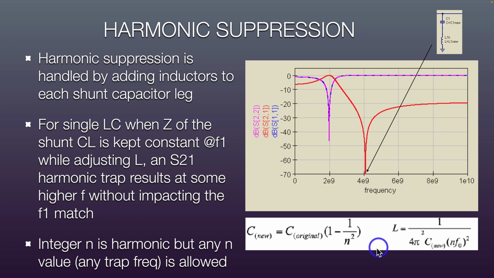You can adjust the N value within these equations as a tuning element in the circuit simulation, and just slide that harmonic suppression anywhere you want within this range, anything higher than the fundamental frequency. So by adjusting the N value, you can target the second harmonic, third harmonic, fourth harmonic, or any other frequency that you want.